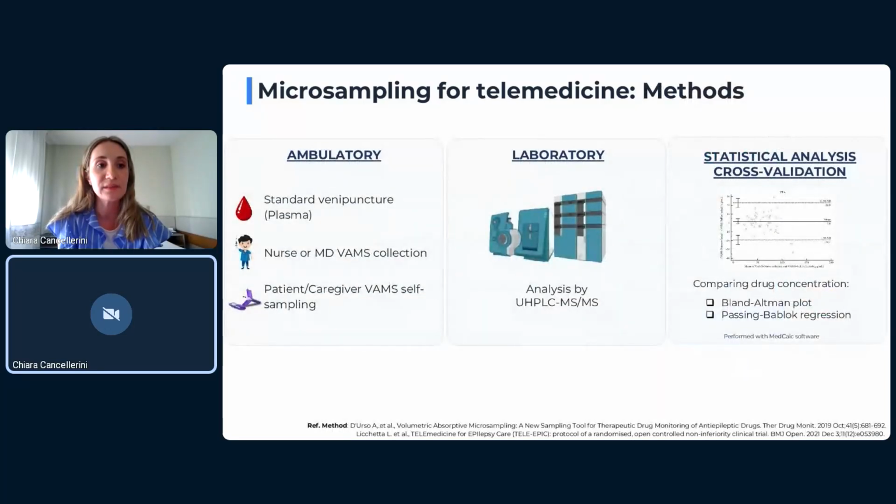So this, as I said, was a cross-validation study designed to compare three sampling methods: the traditional venipuncture, the nurse-collected VAMS, and the self-collected VAMS, performed by the patients in the ambulatory setting or by the caregiver. All samples were analyzed through an HPLC-MS method, and statistical agreement was evaluated using two methods.